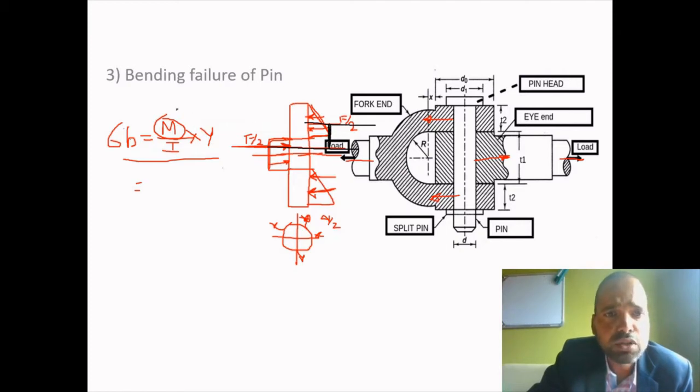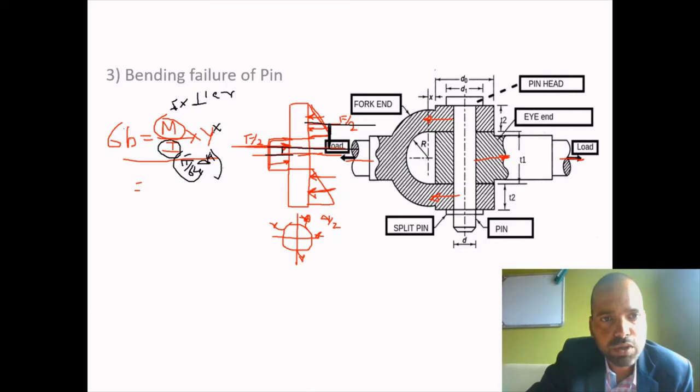So bending moment is always force into perpendicular distance: force into perpendicular distance up to the center, and force into perpendicular distance up to the center, right? So what will be the moment that we have to find out? Before that, what is the moment of inertia I? As it is a circular cross section, I will be equal to pi by 64 into diameter of pin raised to 4, right?